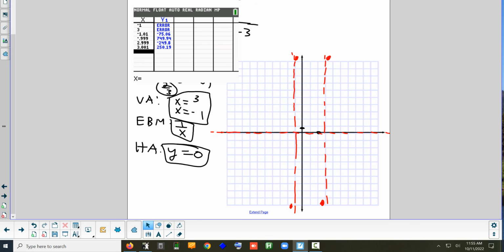I don't really need to check any more points. If you need to check more points, that's fine. But this is the idea of what's going to happen. So it's going to curve just like that in the lower left, upper right. Going to do something like that. In the middle, you're going to get that kind of S shape.